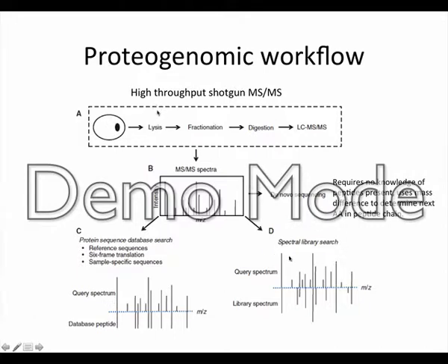And then you can also do a spectral library search, which was similar to what Jessica was just talking about, where you have your query spectra and a library of spectra that other people have gotten experimentally, and you can compare those two and find matching peptides based on that. So those are the three ways of finding peptide identification. Here we're going to focus primarily on this protein sequence database search. And this is where proteogenomics really comes into play.